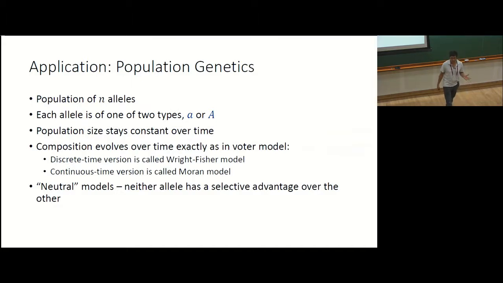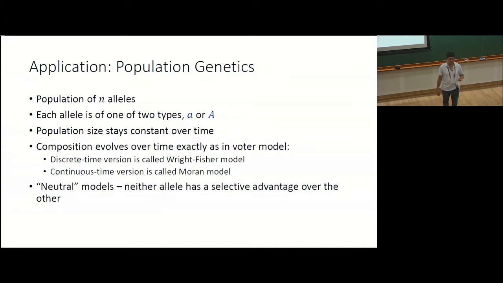The population size stays constant. And in the discrete time model, it proceeds in generations. And then you should think of each child in the next generation as choosing their parent uniformly at random from the previous generation. And that's called the Wright-Fisher model.